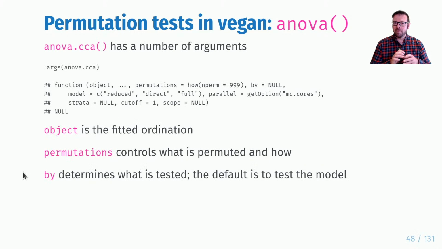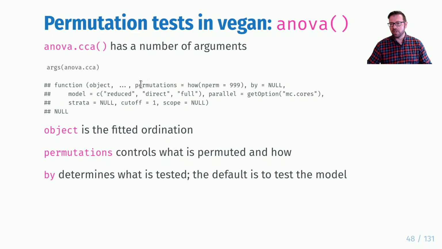So this anova method has a number of arguments that control what is actually permuted and how things work. We give it our object, which is our fitted ordination. Permutations is something we'll come on to in a minute when we look at restricted permutations. That controls how we actually do the permutations.